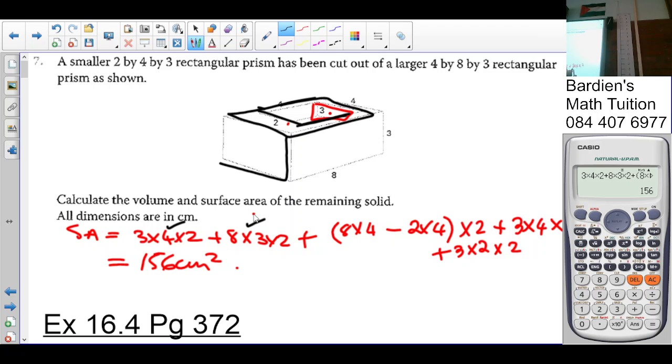Then I have 3 times 4 times 2 plus 3 times 2 times 2. Should be correct. So I have 3, 4, 2, 8, 3, 2, 8, 4 minus 2, 4 times 2, 3 times 4 times 2, plus the 2 times 2. I would stick with 156.